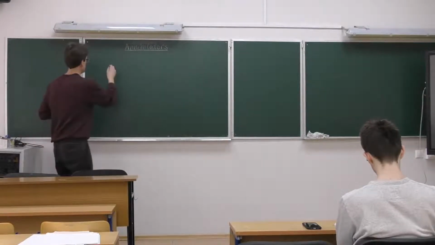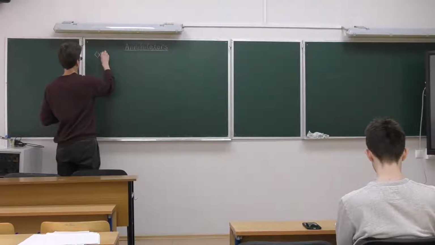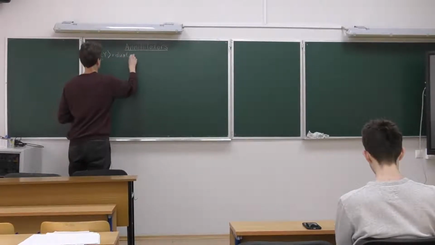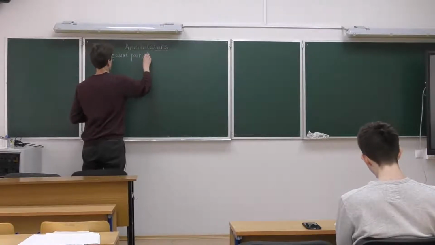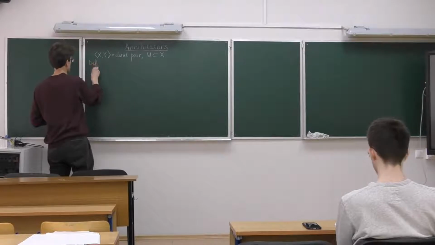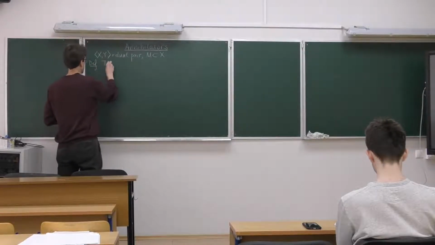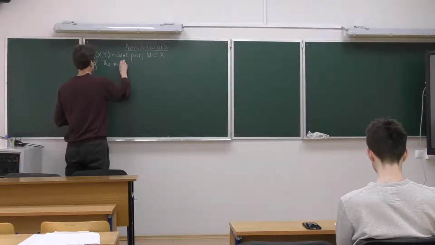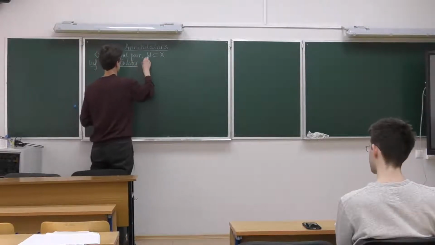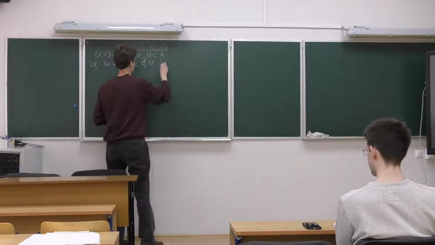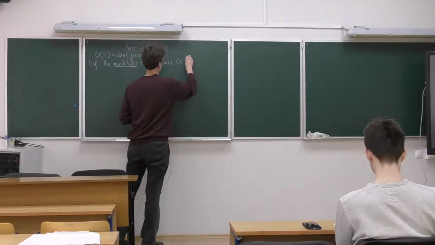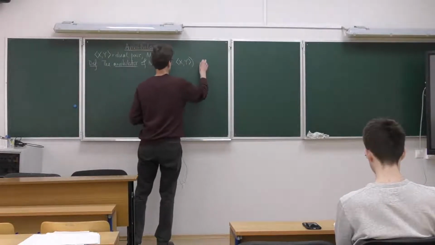So suppose we have a dual pair, X and Y, a dual pair of vector spaces, and suppose that M is a subset in X. We define the annihilator of M with respect to the given pairing between X and Y to be the following set.